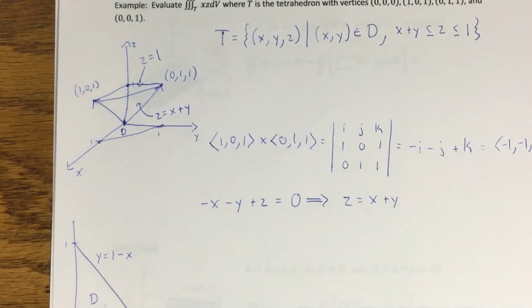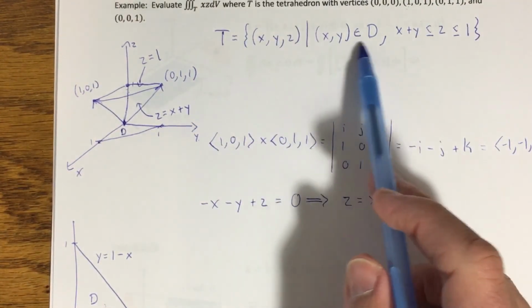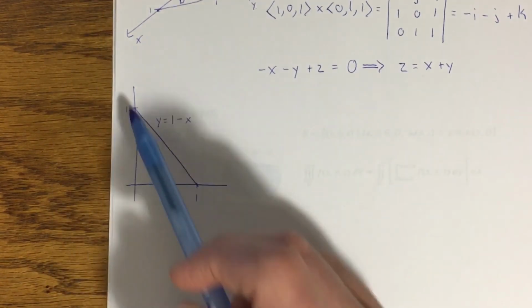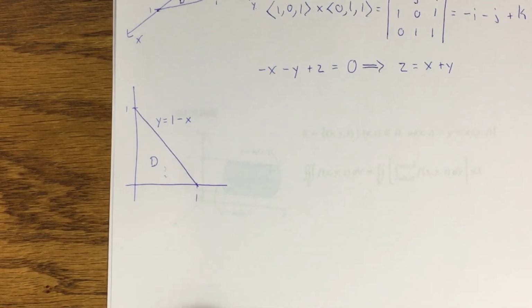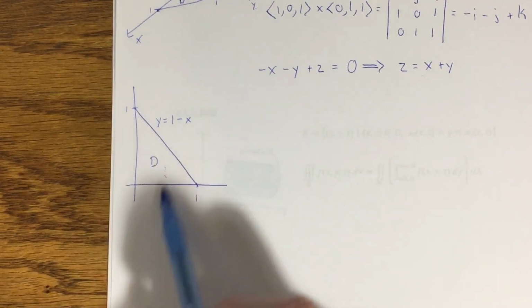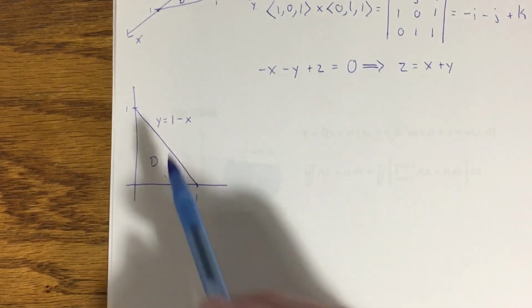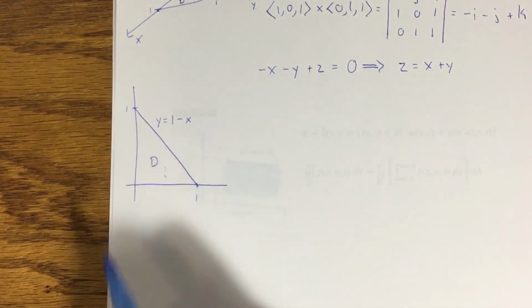Okay? Now what I want to do is describe this region D, which I'm going to do by looking at this sketch of D right here. So D can be thought of as either a type 1 or a type 2 region, but I'm going to think of it as a type 1 region since I already have y isolated here.